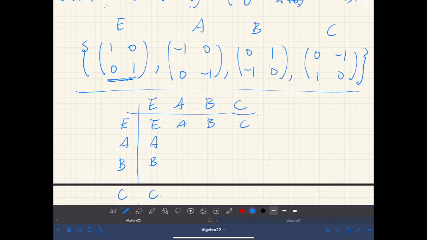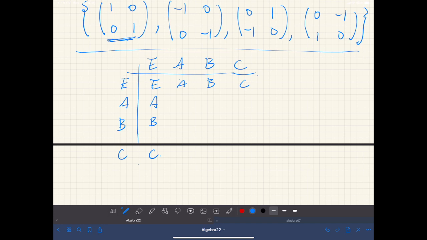And let's see. A squared is negative 1, 0, 0, negative 1, times negative 1, 0, 0, negative 1.